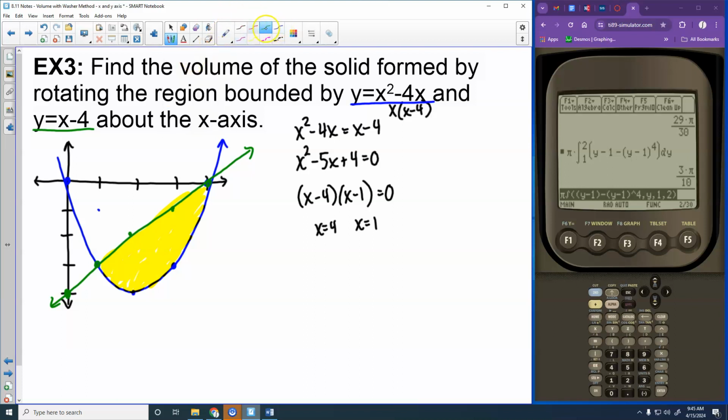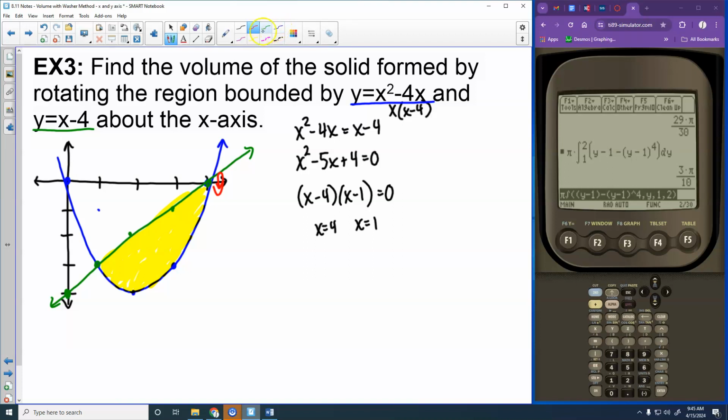Whenever we rotate around the x-axis and we're doing our outside radius and our inside radius, we don't want to be thinking top minus bottom here. We want to be thinking furthest away from the x-axis and closest to the x-axis.